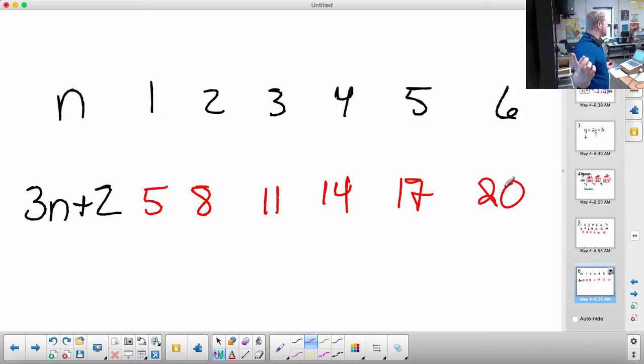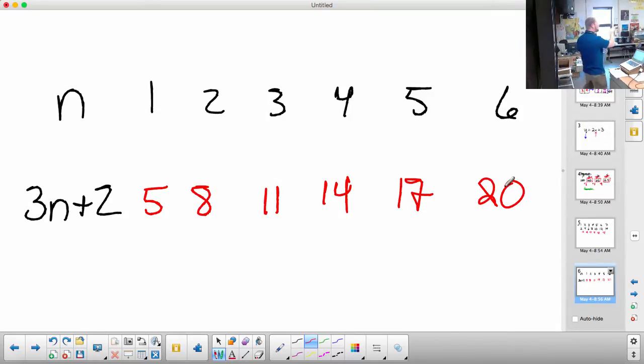It's going to be 302, because I just plugged 100 in for n. 3 times 100 is 300 plus 2 is 302. If n equaled 1,000, they wanted you to find the 1,000th term, 3002. See, you can find a number way in the distance using this idea.